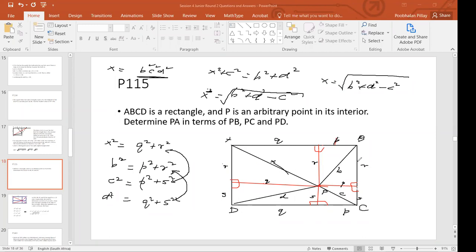This squared plus this squared is the same as that squared plus that squared. A useful thing to know in a rectangle, if you take any point inside a rectangle, and if you look at the 4 distances from the 4 vertices, this squared plus this squared is the same as that squared plus that squared. And that's what we proved here. There it is. And that is how you get x in terms of b, c, and d.